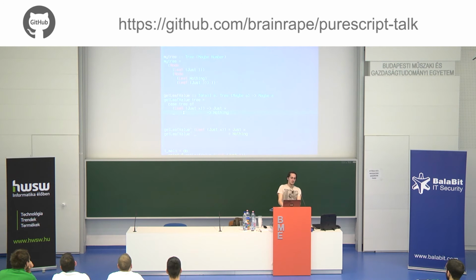Or if it's a leaf of nothing, then it will also return nothing. And this is just like a more advanced switch. The difference is you can bind variables here. So if you put a variable name in a pattern, then you can use that variable on the right-hand side of the pattern. All right.